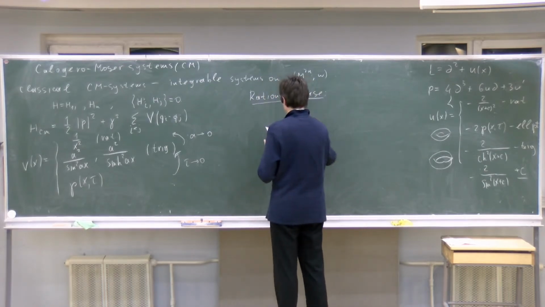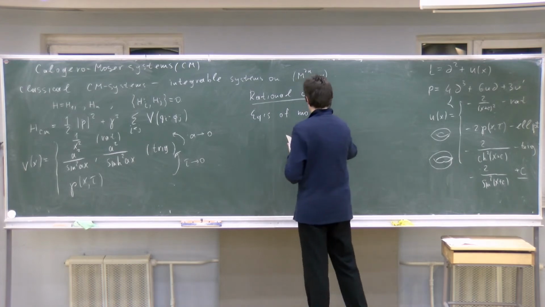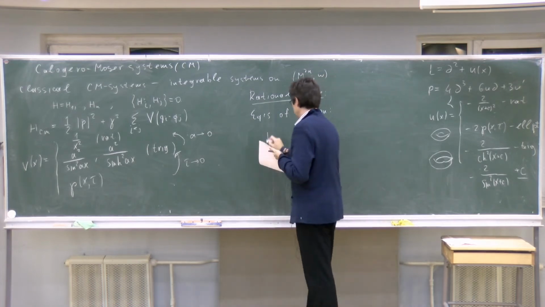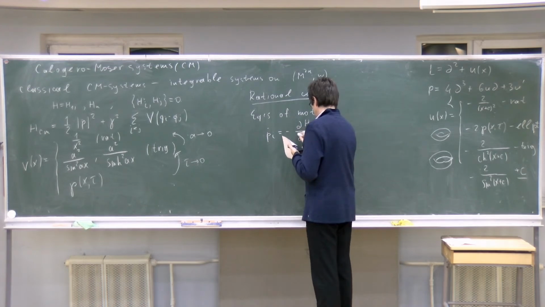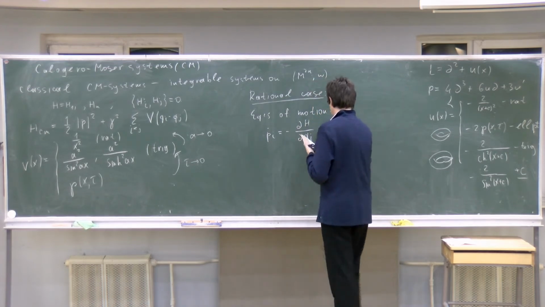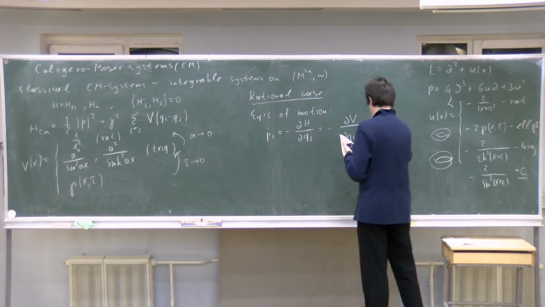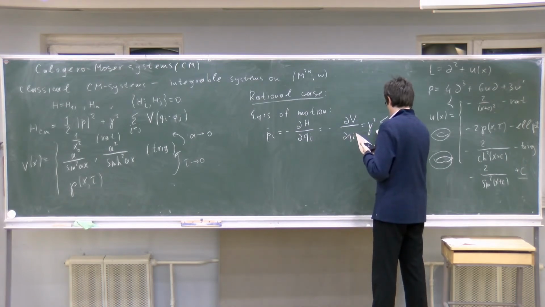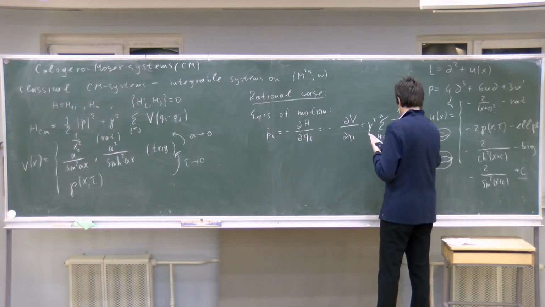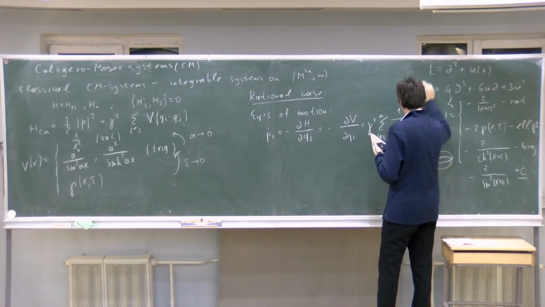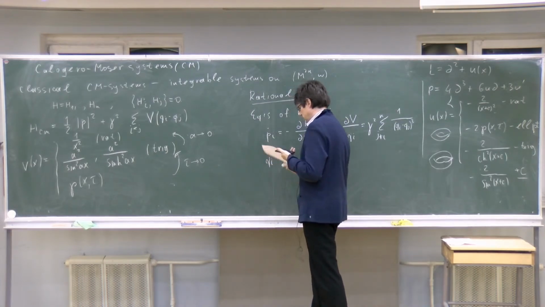Well, in the rational case, which is the most interesting one, we have the following equations of motion. p_i dot equals minus dH/dq_i, equal to minus dV/dq_i, which is 2 gamma squared sum over j not equal to i of 1 over (q_i minus q_j) cubed, and q_i dot equals p_i.